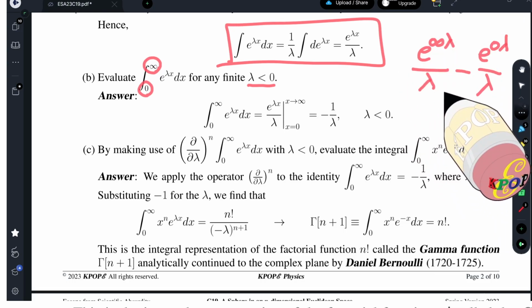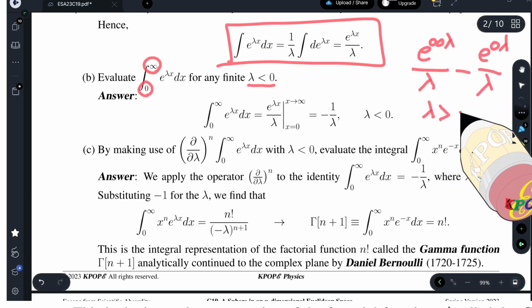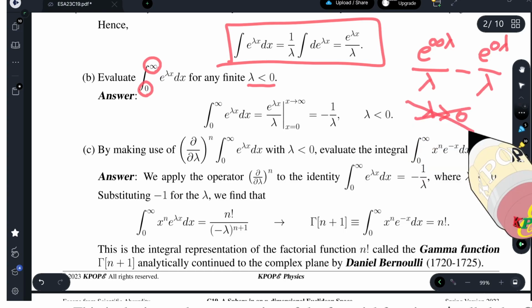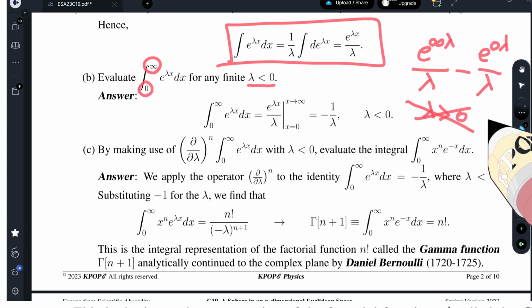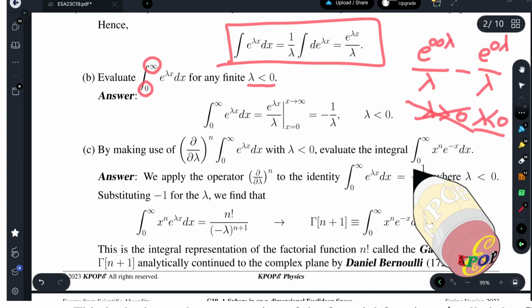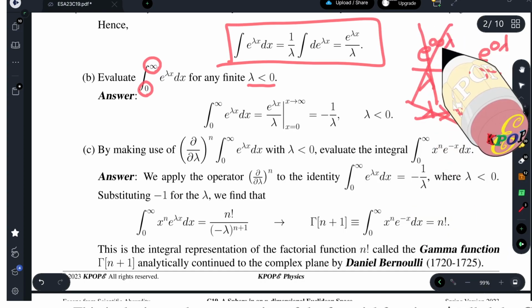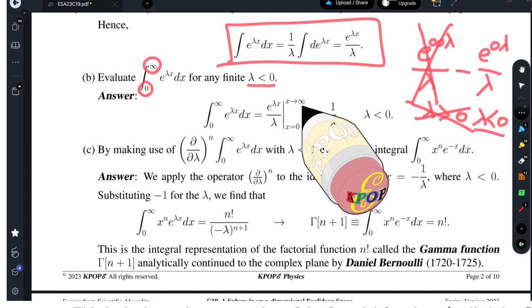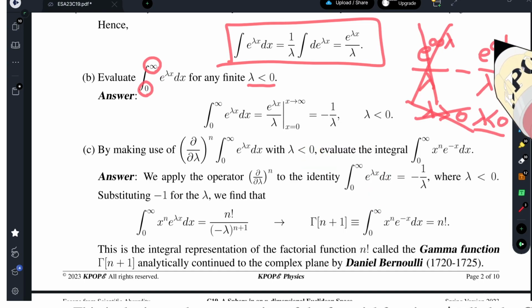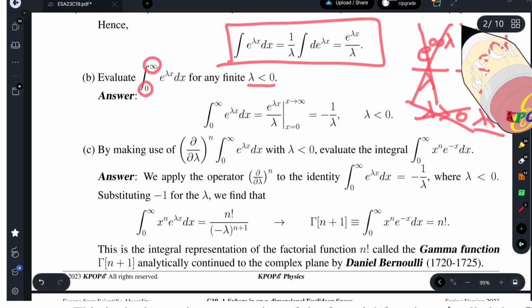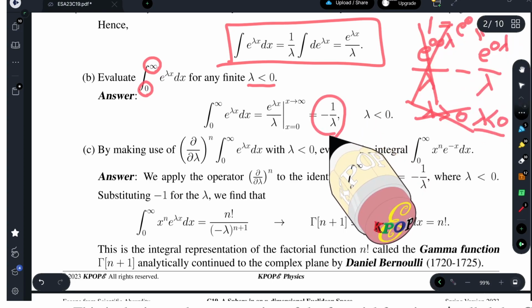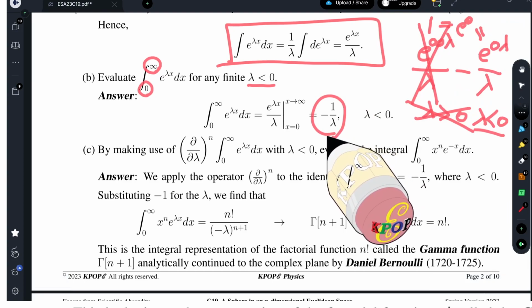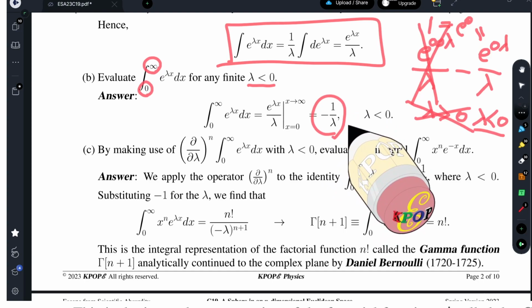The first diverges if lambda is positive. So the definite integral exists only if lambda is negative. In that case, this one disappears as x goes to infinity. And this one, regardless of the sign of lambda, exponential 0 lambda is identical to exponential 0, and that is 1. Therefore, this definite integral is exactly minus 1 over lambda.